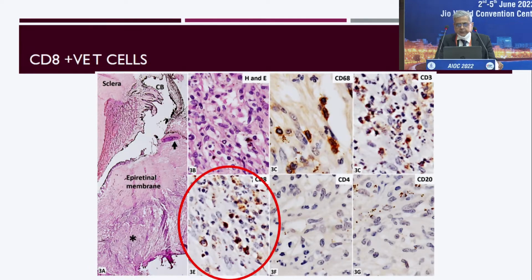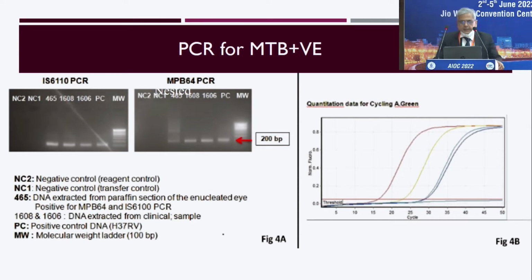These lymphocytes were found to be CD8 positive T cells, T suppressor cells, with few B cells and few CD68 positive macrophages. PCR for Mycobacterium tuberculosis, MPB64 and IS6110 both were positive, as well as the real-time PCR.